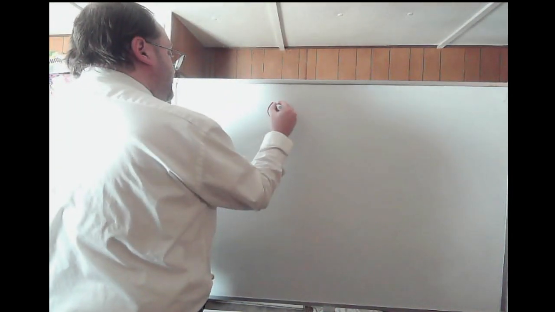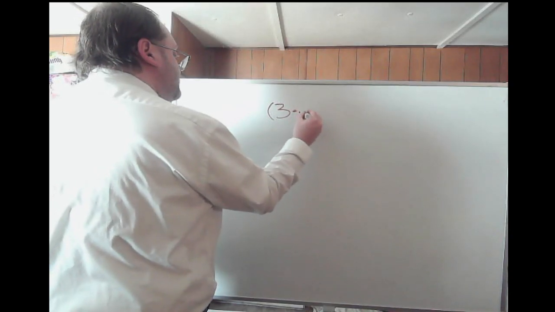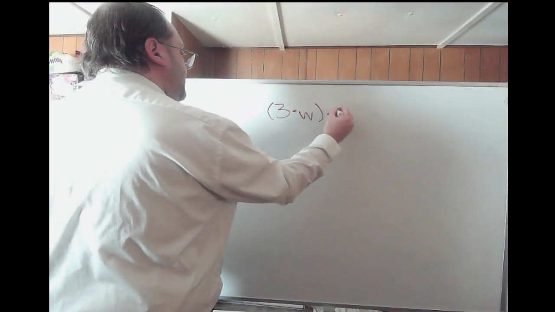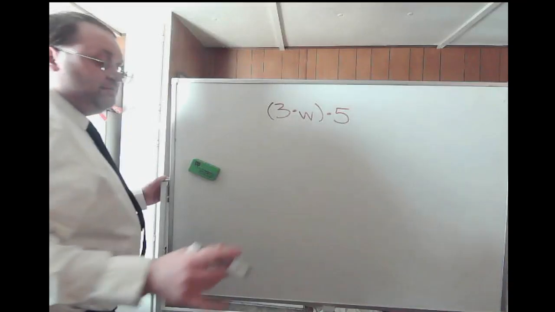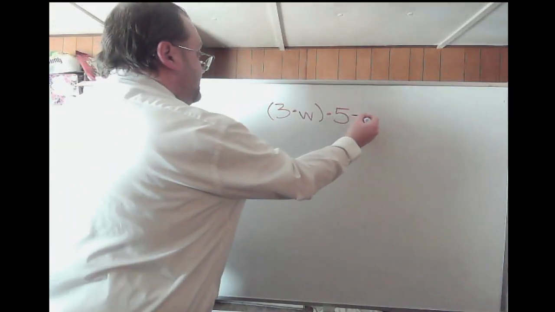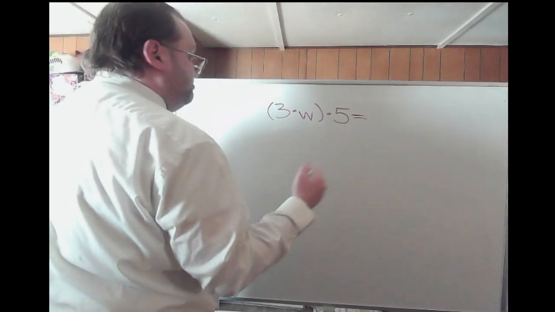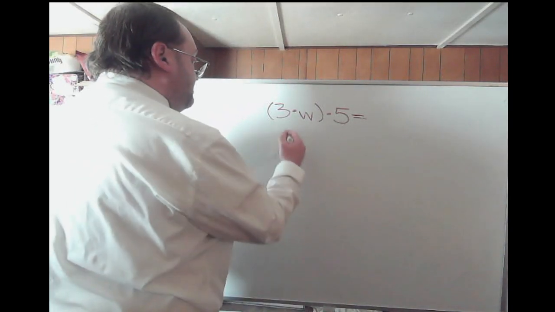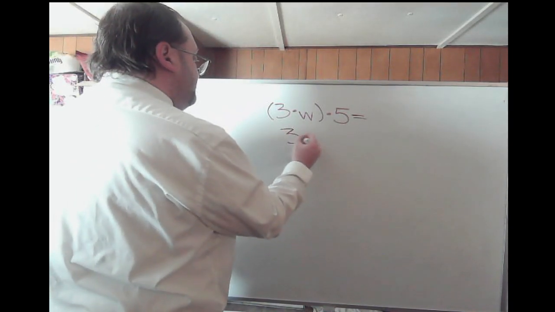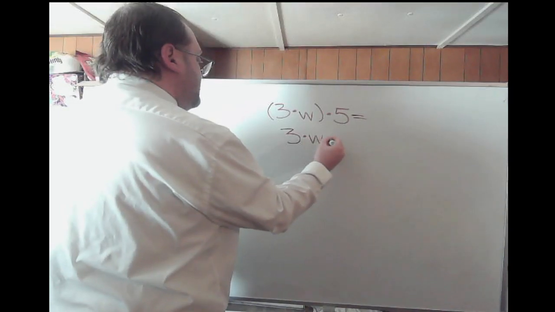I feel like we should do one more. Okay. So you have, in parentheses, 3 times w times 5. Well, again, this whole problem is all multiplication. You don't need the parentheses. So by the associative property, you can get rid of them. So then you'd just be left with 3 times w times 5.